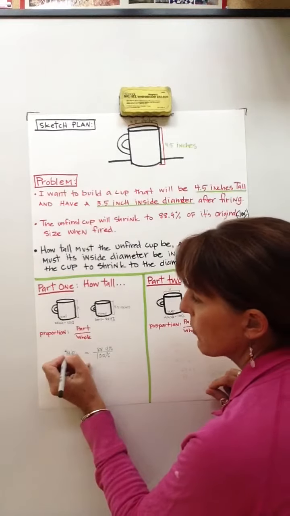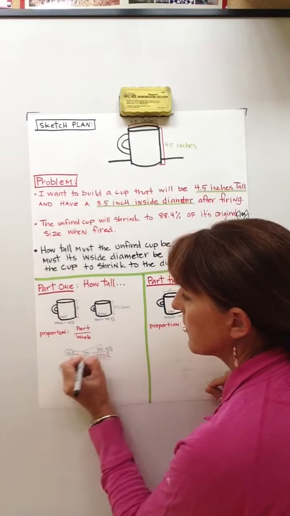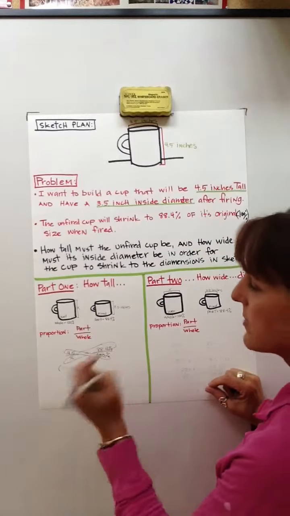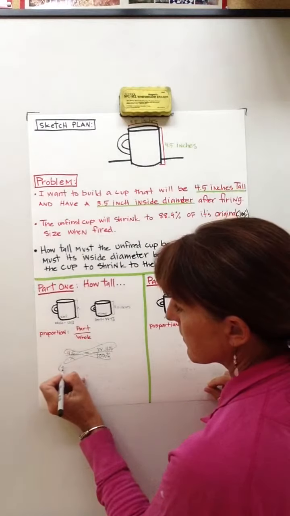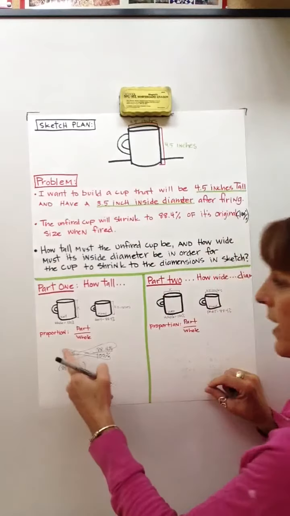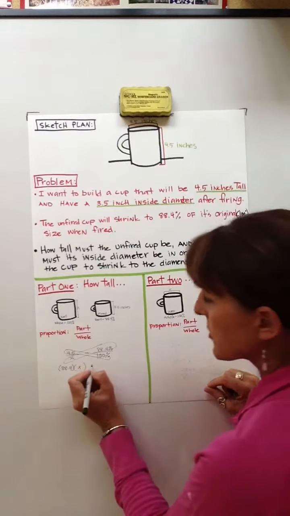So, we're going to cross multiply. So let's see, first we're going to say X times 88.4%, and 4.5 times 100%.